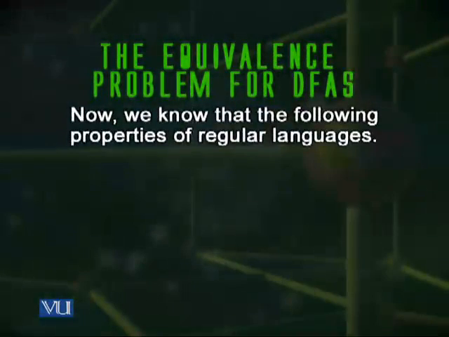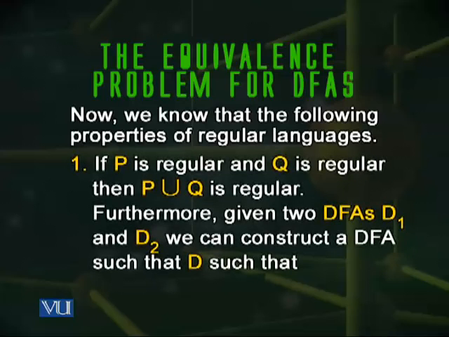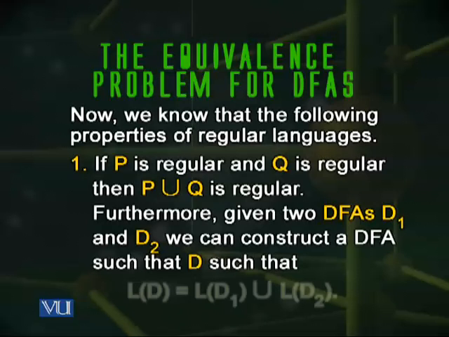We know the following properties of regular languages. If P is regular and Q is regular, then their union is regular. Furthermore, we know that given two DFAs D1 and D2, we can construct a DFA D such that the language of D is the union of these two languages. Of course, you have studied such algorithms in your automata class.